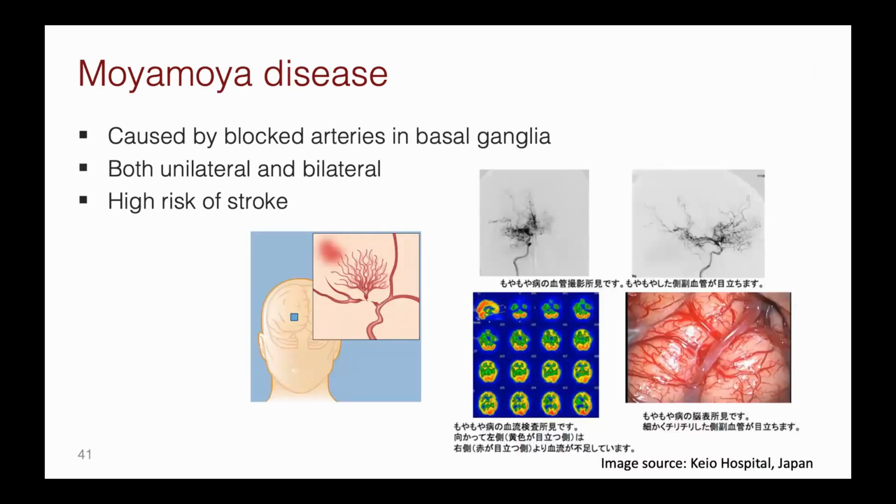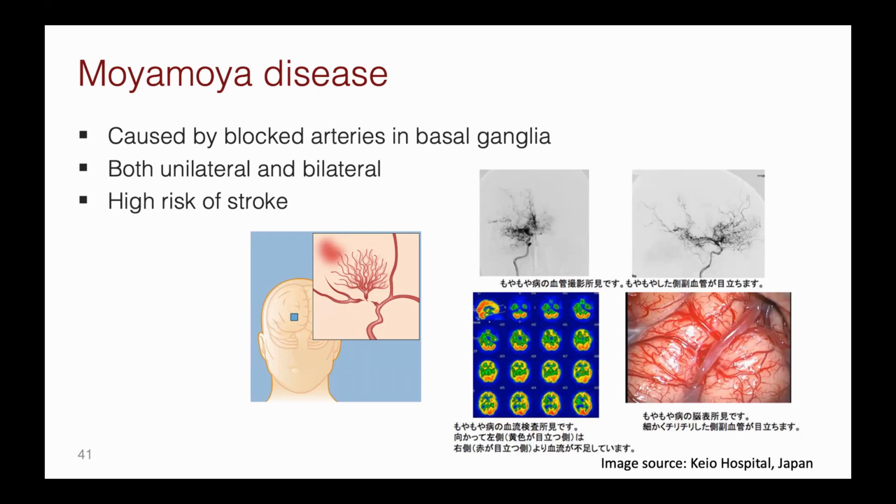Another vascular disease that I was interested in was Moyamoya disease, which is a rare but progressive cerebrovascular disorder caused by blocked arteries at the base of the brain in the region called basal ganglia. And the name Moyamoya means a puff of smoke in Japanese.